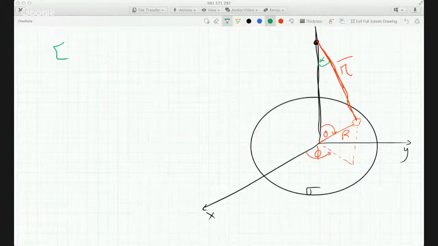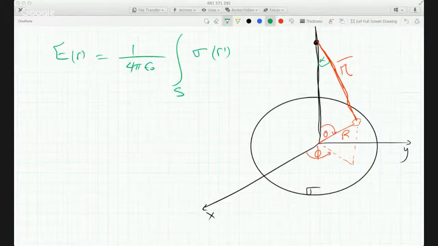E of r is equal to 1 over 4 pi epsilon times the integral along the surface of sigma as a function of the primed coordinates, r prime, over the separation vector squared, in the direction of the unit separation vector, dA prime. This is Coulomb's law for a surface charge sigma.